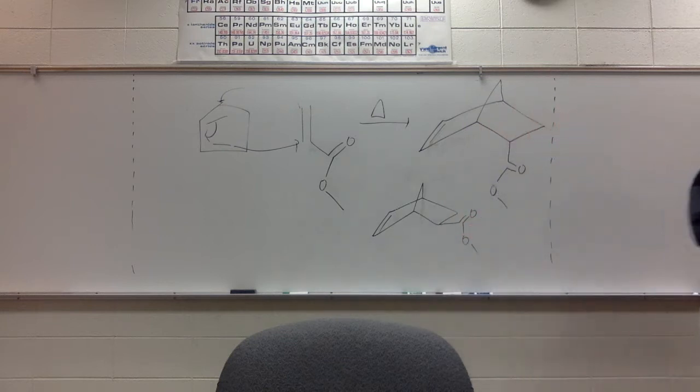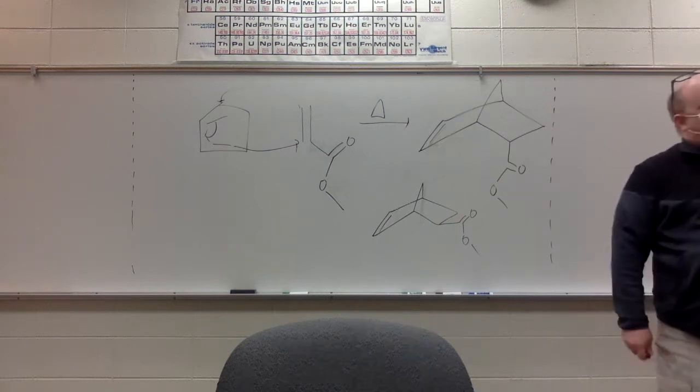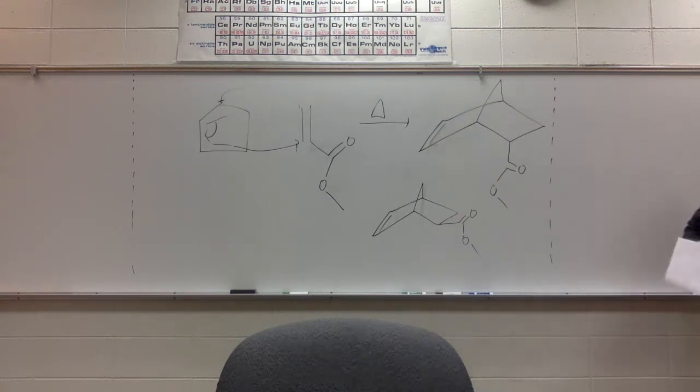Does that bring anything to mind? Does that look familiar at all? What does that bring to mind? Or what horrors does that bring out of your subconscious? What's that? Yeah, it reminds you a lot of axial equatorial from chair conformations. So guess what we call these? Not axial and equatorial. You'd think so, right? Those fellows at the IUPAC are tricky.